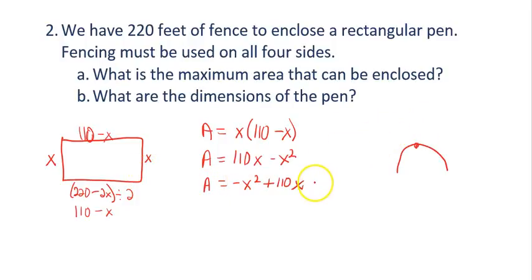So I'm going to use my calculator to calculate that maximum value and find that in the window. And that gives me (55, 3025).